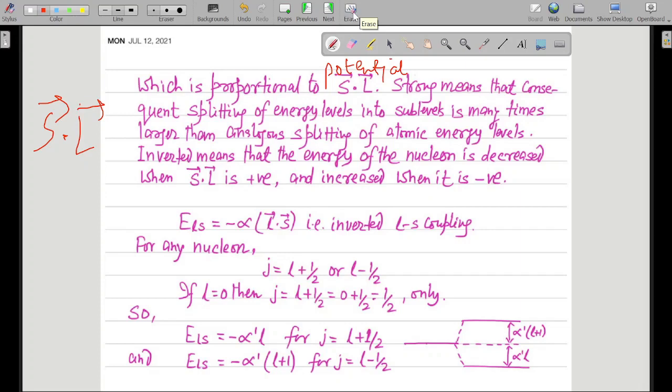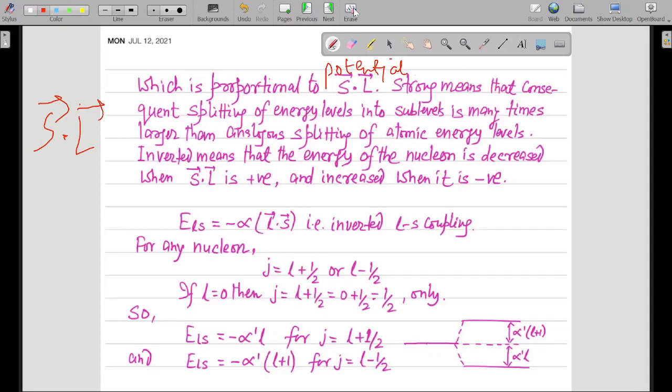They already feel the potential of the nuclear force, and along with this they are also feeling the potential of inverted spin orbit coupling. The potential value is directly proportional to the dot product of the S and L vectors.